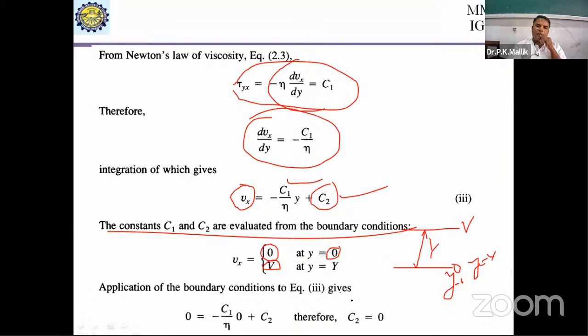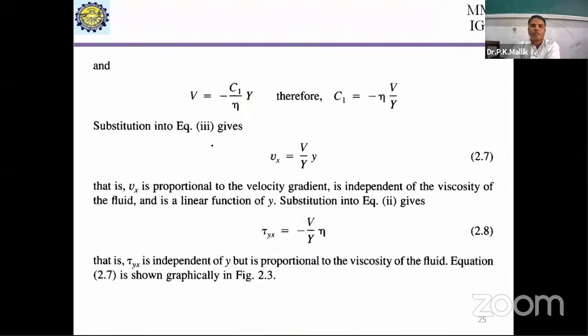Then you apply the boundary condition to equation 3. So you will get it reduced to this equation, and C2 is equal to 0 when you put in this boundary condition. So then you get v is equal to minus C1 by eta into Y, or you can also evaluate C1.